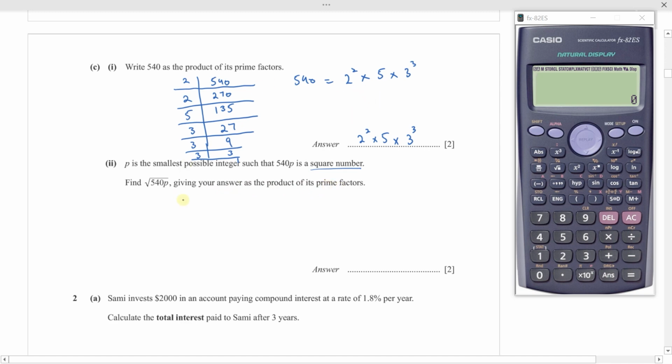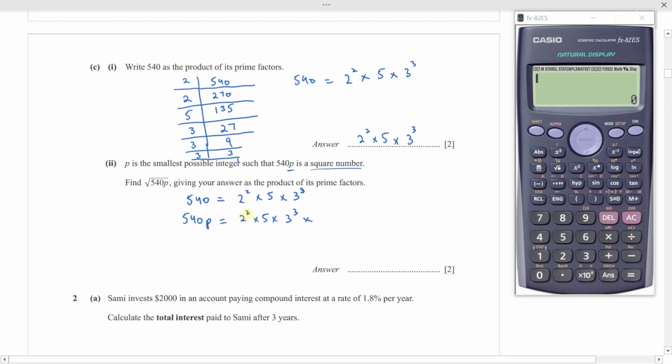So in the previous part, you found out that 540 is 2 square multiplied by 5 multiplied by 3 cube. Now, when we multiply this number 540 with this number P, you get a square number. So that means 540 when multiplied by P will give you a square number. So I'm writing 540 as it is, and now I am multiplying it by P. So now I have to make this a square number.